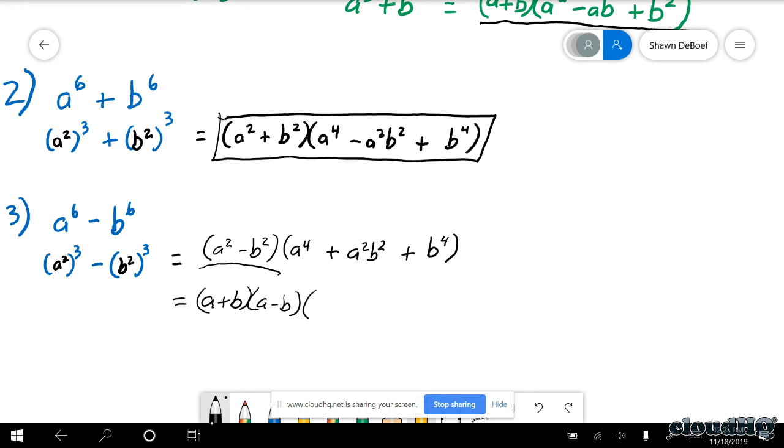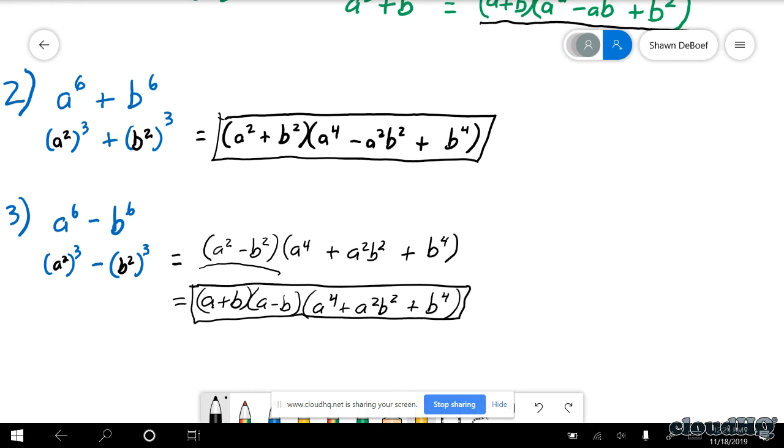The trinomial will not be factorable, though. So now there's our answer. The top one could not be factored because it was a sum of cubes. This one was a difference of squares, so that first binomial could factor further.